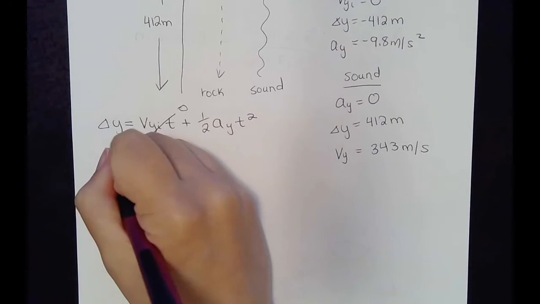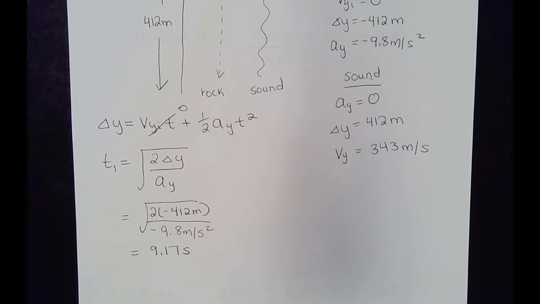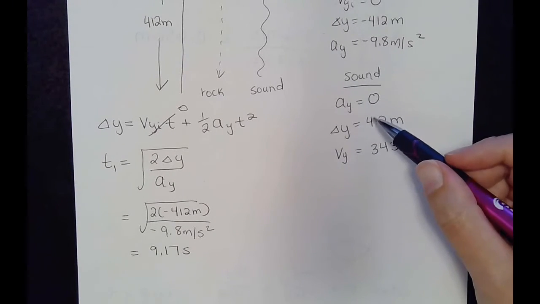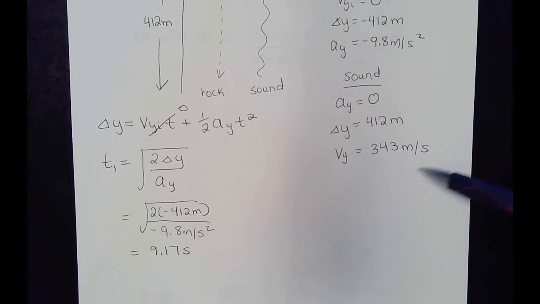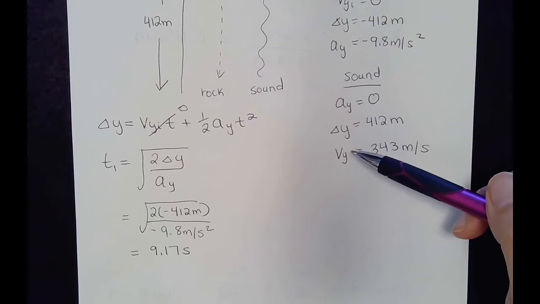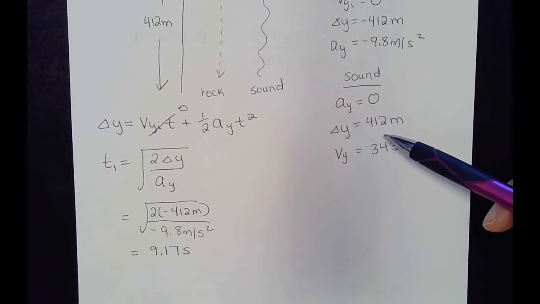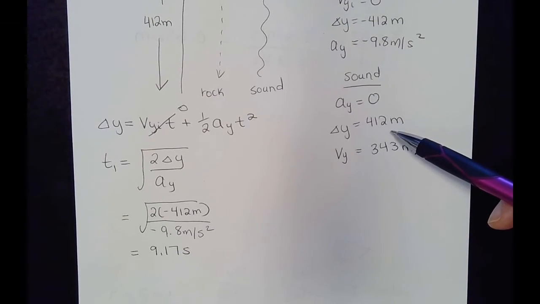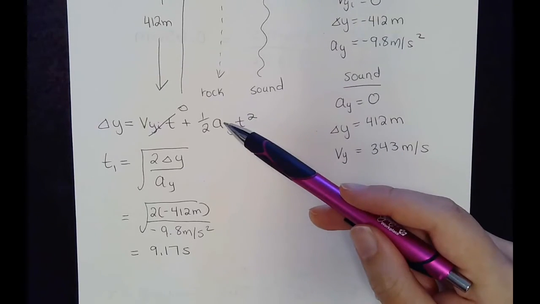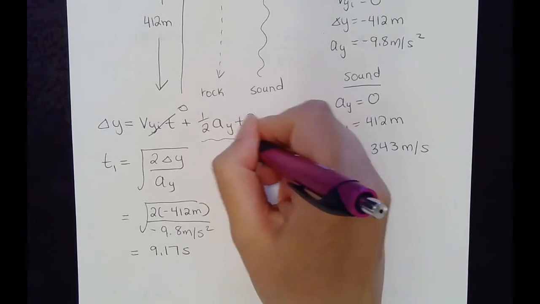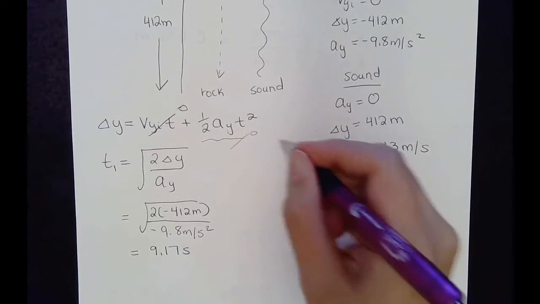Let's call that T1. Then we need the time for the sound. So the sound is moving at a constant speed in air of 343 meters per second, acceleration 0. Delta y is positive because it moves up 412 meters. And we can essentially use this formula again, but this time it's this term that's 0 now if we're talking about the sound.